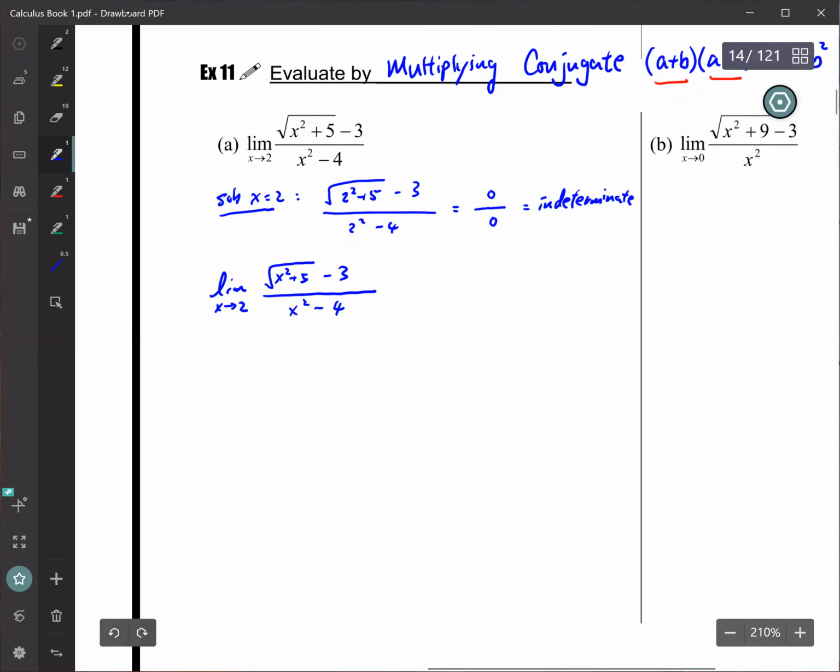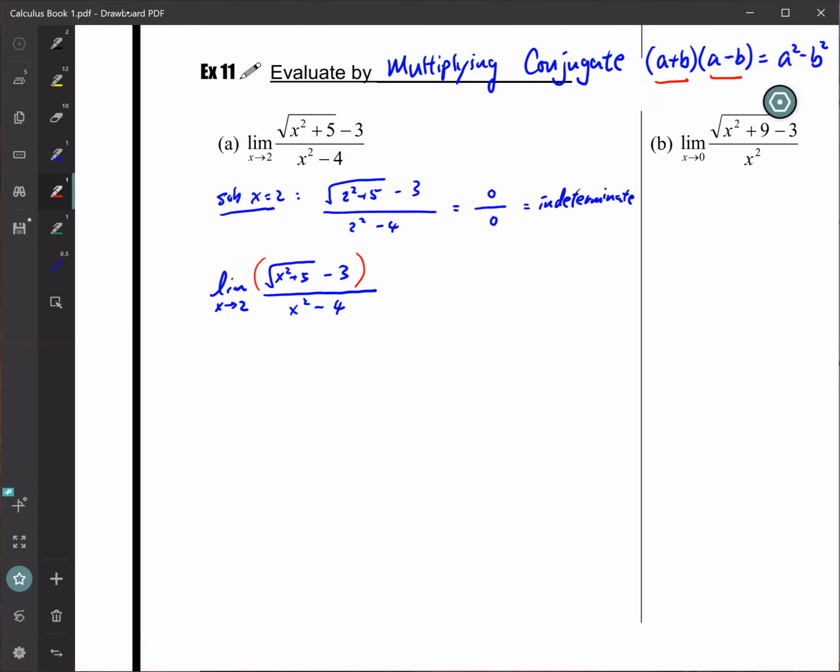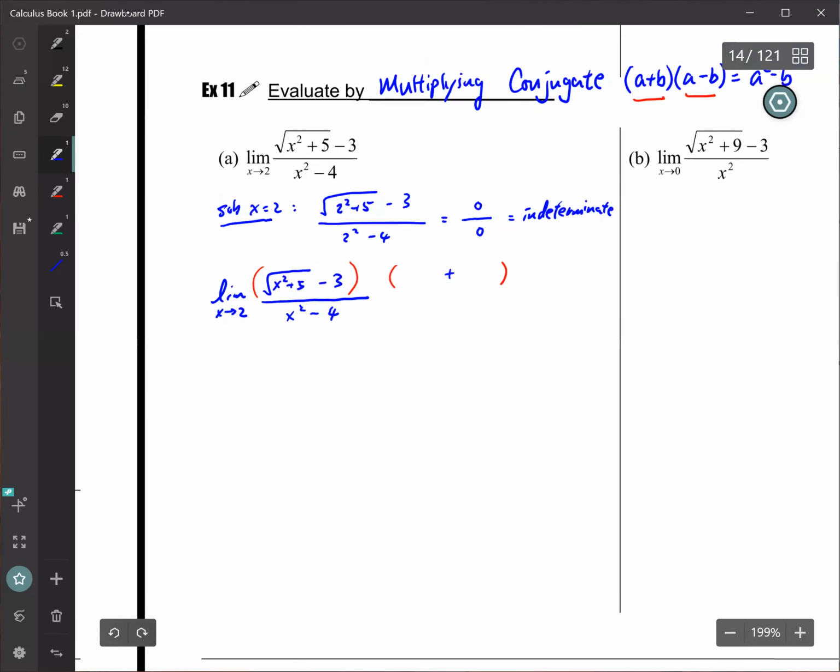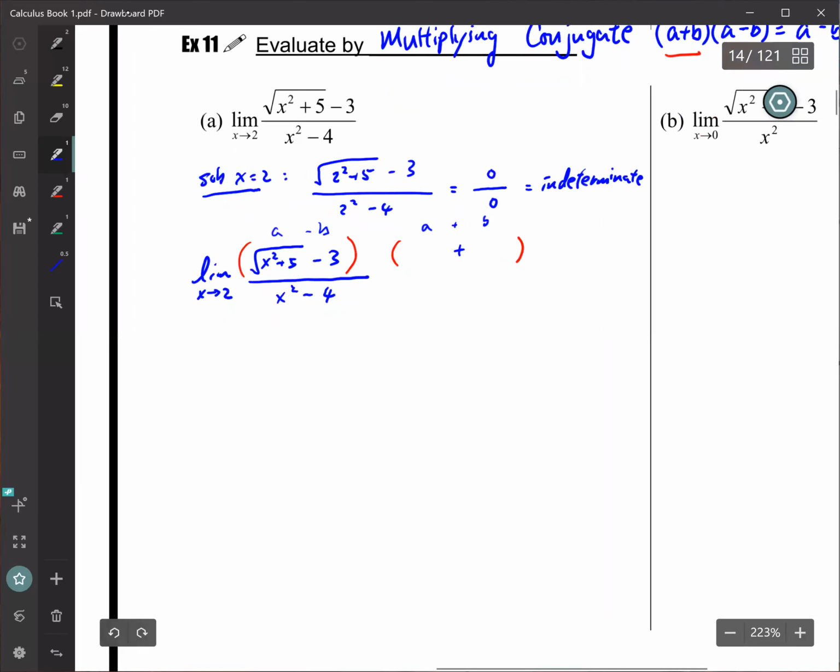Okay. So we are going to multiply by the conjugate of the top. You have root minus 3, just like a minus b, so the conjugate that we will multiply will use the plus. This is like a, this is b, so we multiply with a plus b, where a is the root of x squared plus 5, plus 3.